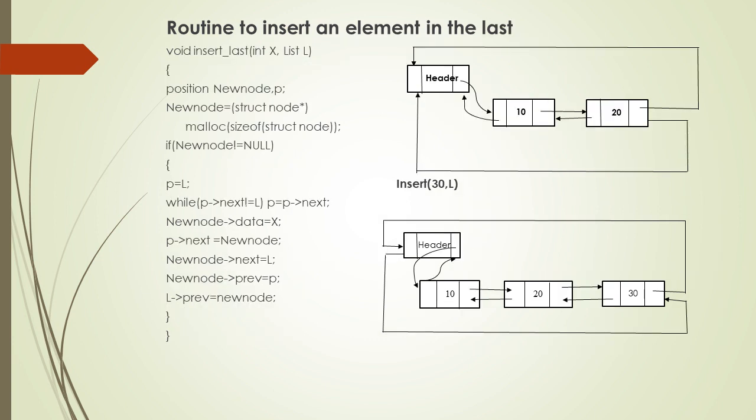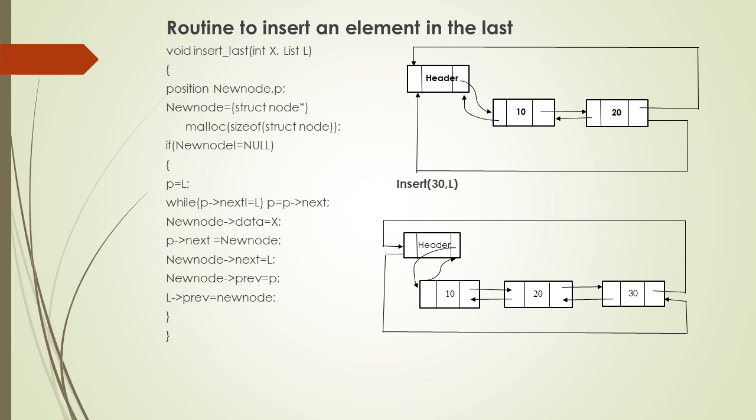Routine to insert an element in the last. Void insert last (int x, list L). Position new node, P. New node is equal to struct node pointer malloc size of struct node. If new node is equal to null, P is equal to L. While P next is not equal to L, P is equal to P next.